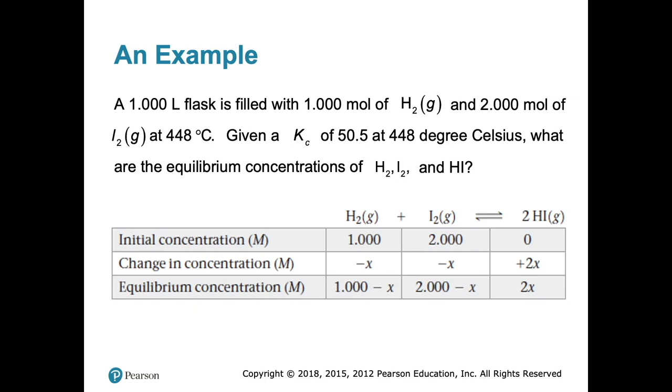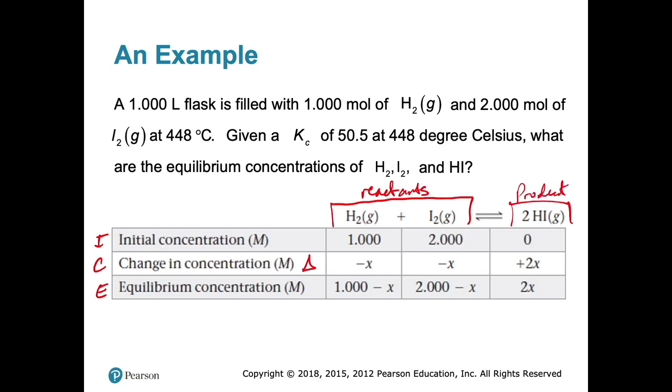So here's our original ICE table, like we saw a second ago. Remember that ICE is I for initial concentration, C for change in concentration. Some people actually use a triangle to denote change, and then E is for equilibrium. And of course here we have the reactants again, and here we have the products.